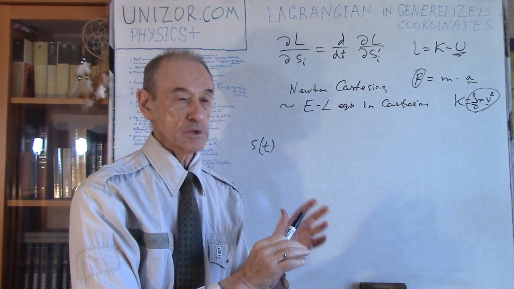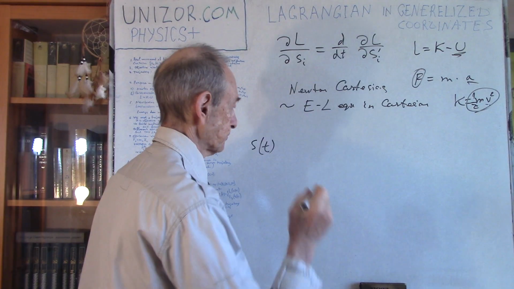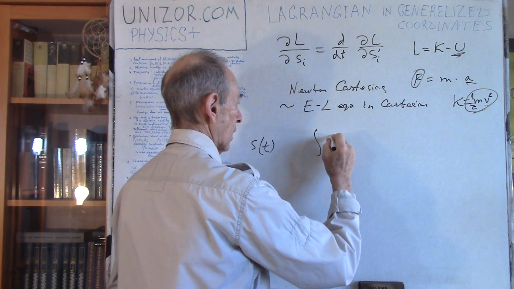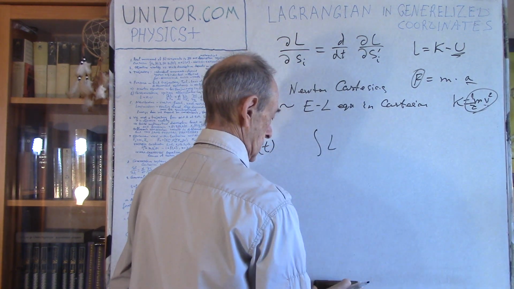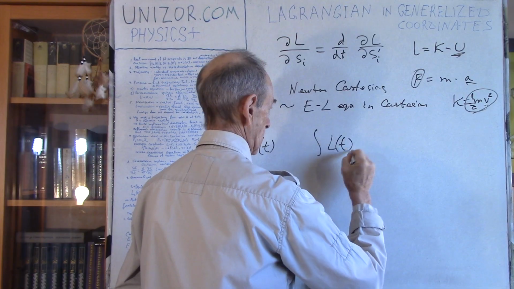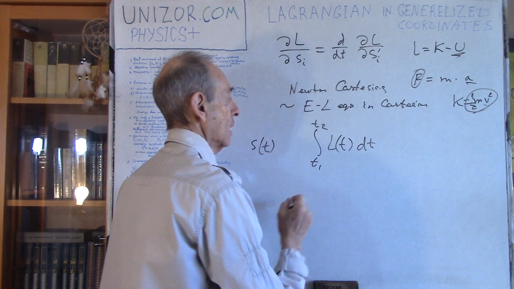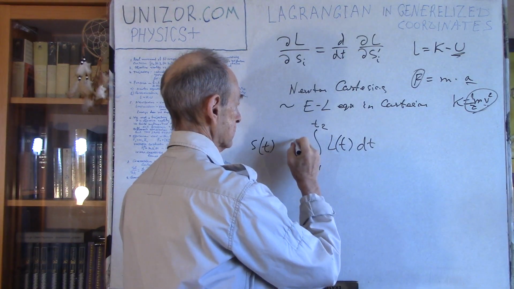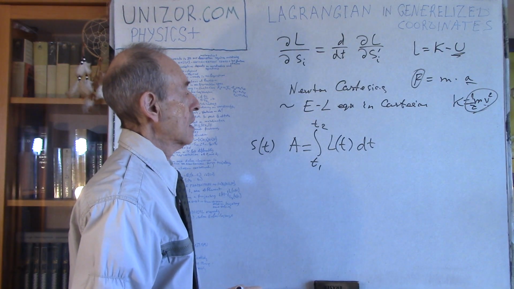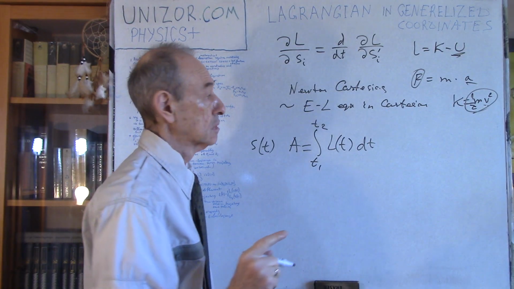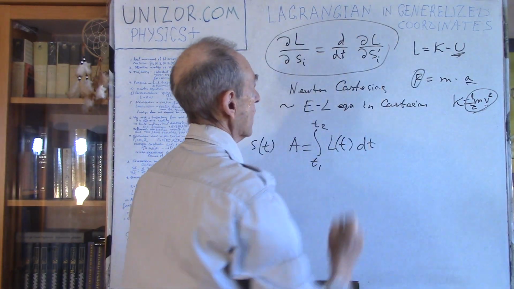In the topic which was called variations, we have found a very interesting thing: the integral of L dt from t1 to t2, where L is the Lagrangian, this is called action, has an extremum which satisfies this equation.